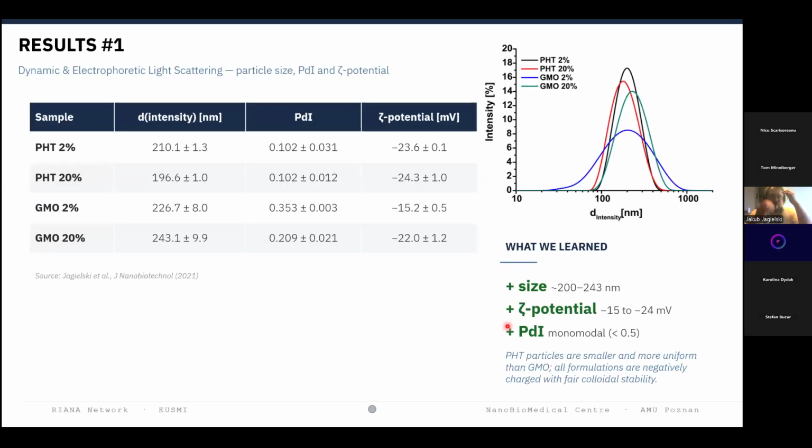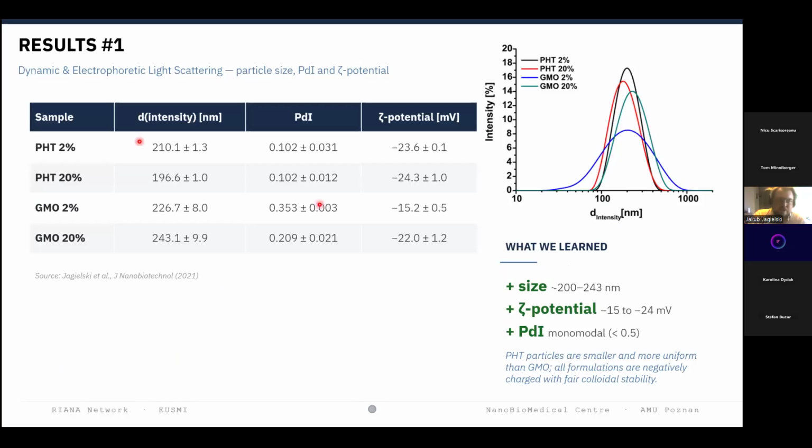And here are the results from our earlier work on phytantriol and glycerol monooleate based lipid liquid crystalline nanoparticles. The table presents 4 formulations with their intensity-weighted hydrodynamic diameters, polydispersity indices, and the zeta potentials.